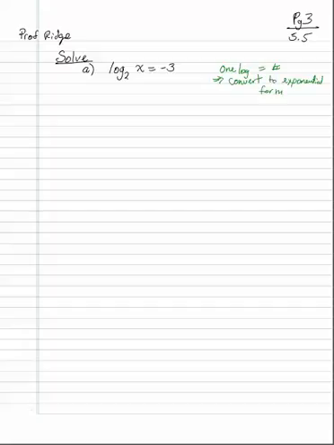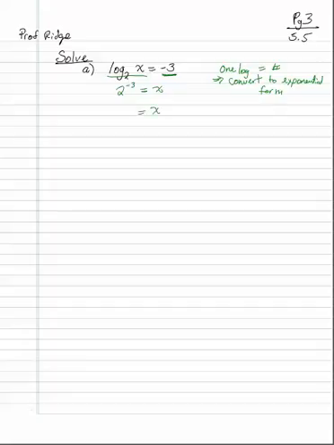So remember, we got log base 2 of x equals -3. 1 log equals a number. So we start with the base. We're going to convert it to exponential form. Log equals exponent. So -3 is the exponent. See, now we're done. Just simplify that.